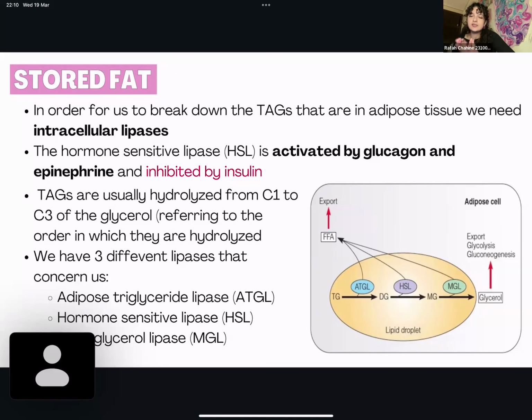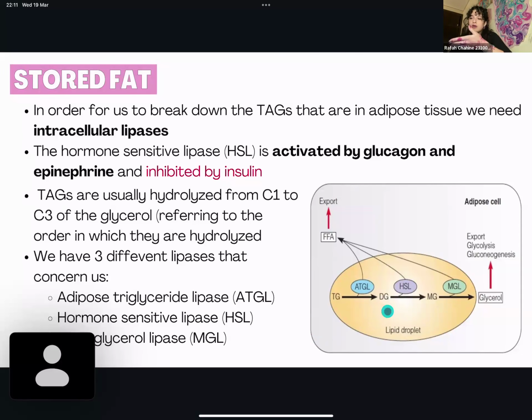Now, in order to get triglycerides from my stored fat, I need these 3 enzymes, and they're called intracellular lipases. Now, we have three different types of intracellular lipases, which are adipose triglyceride lipase, or ATGL, hormone-sensitive lipase, or HSL, and monoglycerol lipase, or MGL. Okay?